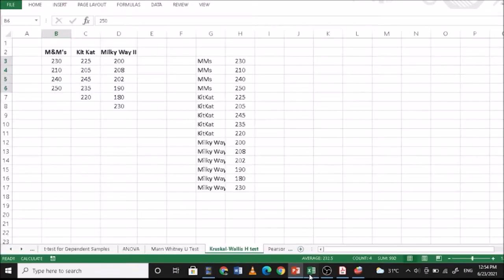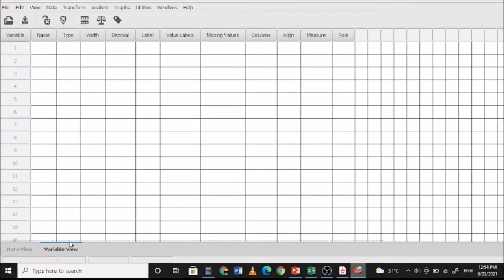Okay, so this is now your data set. In your PSPP, simply type candy brand and calorie content. So for variable, this is candy brand and calorie content.